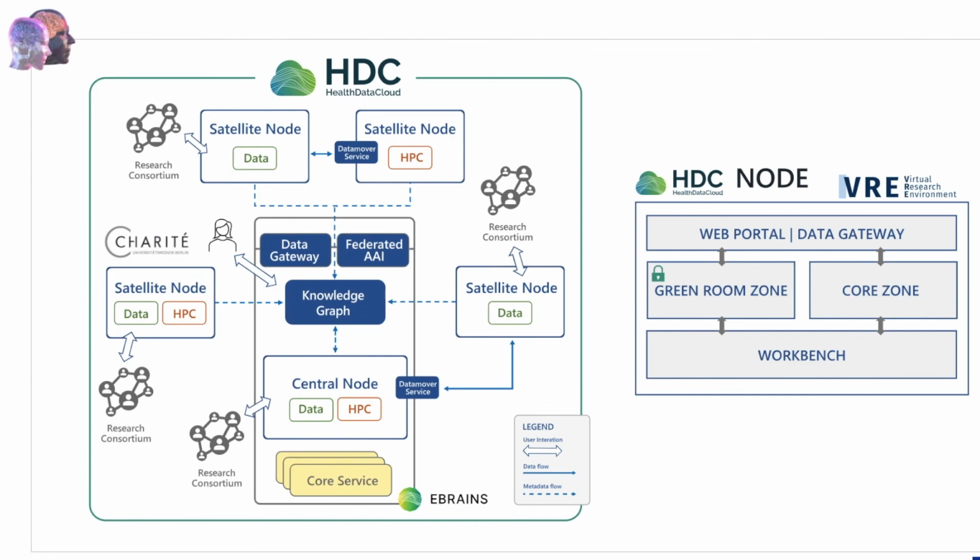And we're now taking this architecture into a new era, if you like, and distributing this architecture, the ability to now share data across different nodes, the ability to integrate these data and to enable discoverability of data through the eBrains central research infrastructure, the data gateway, the knowledge graph. And this is certainly going to benefit the TVB Cloud researchers that need to have access to additional data sets and to additional resources.